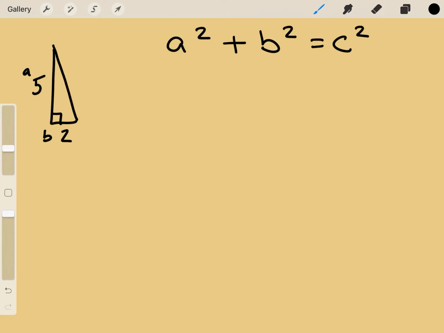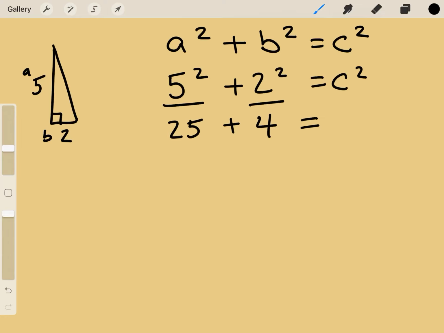I'm going to make 5 a and 2 b. So it's going to become 5 squared plus 2 squared equals c squared. 5 squared is 25 plus 2 squared is 4, which equals c squared. Then we add 25 plus 4, which is 29, equals c squared.